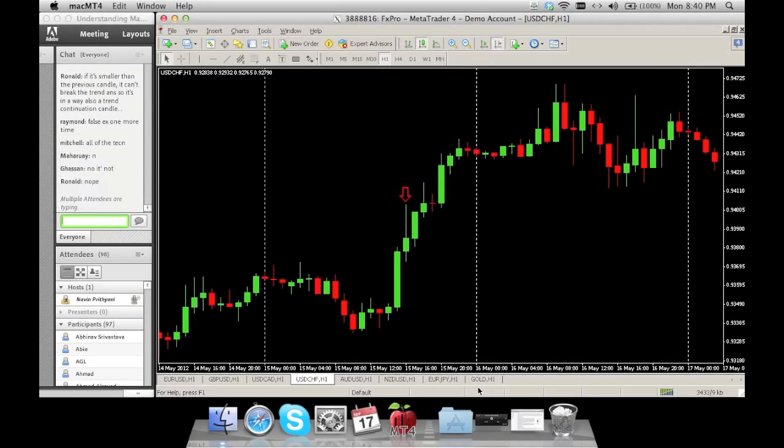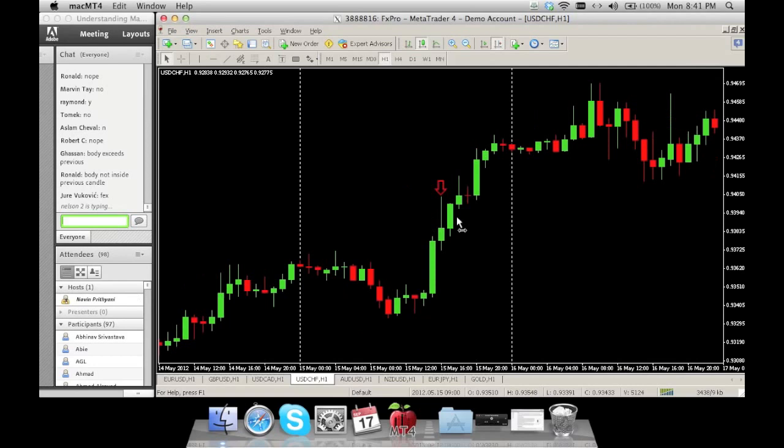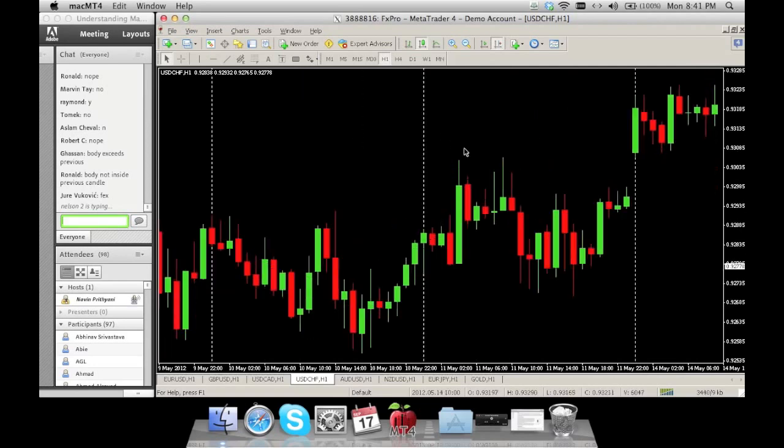No, this is not an exhaustion. For this to be an exhaustion, it must be bigger than the previous candle. In this particular case, it's not. So if it cannot be an exhaustion, it cannot be a false exhaustion also. Okay, that's that. Let's move forward to show you more examples.